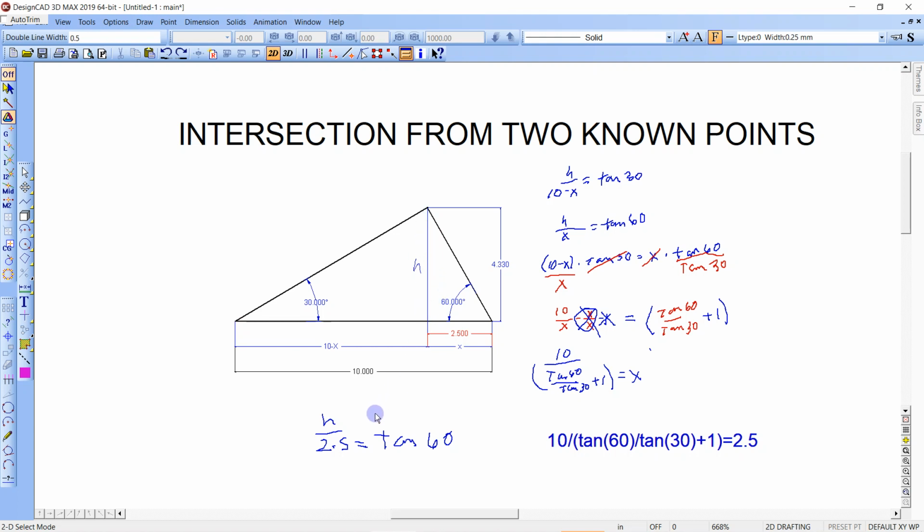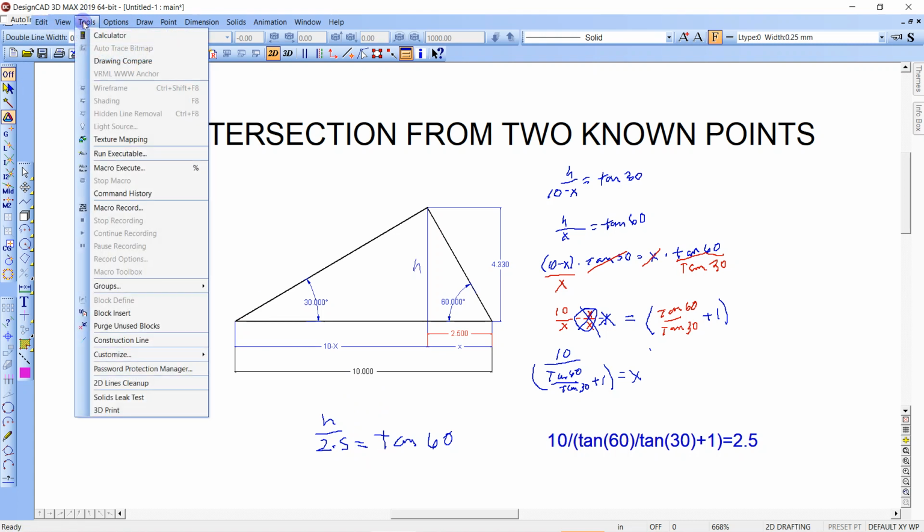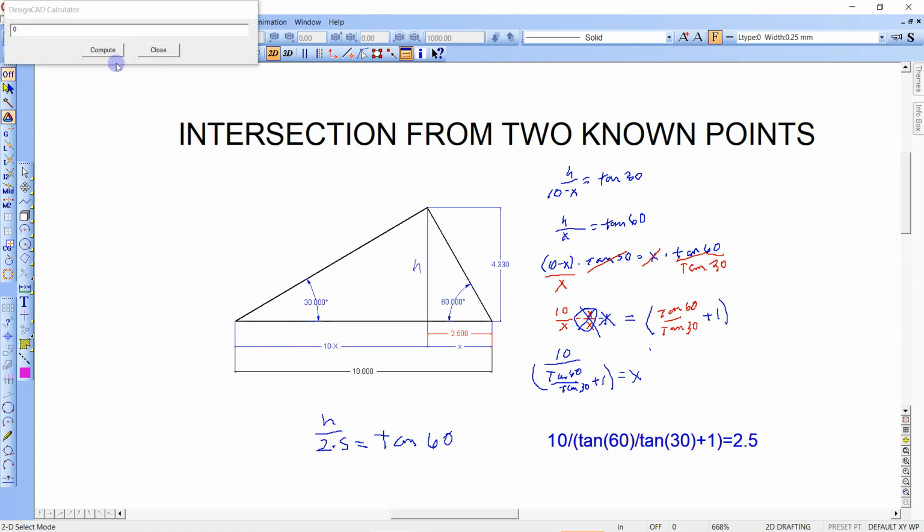Then you just say h over 2.5 is the tangent of 60, and solve for h. So tangent of 60 times 2.5, tools, calculator, enter, and you get 4.3301.